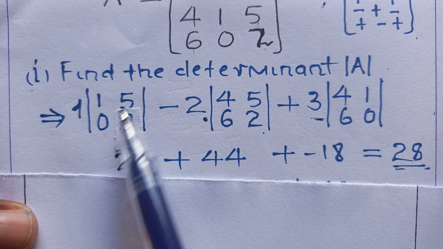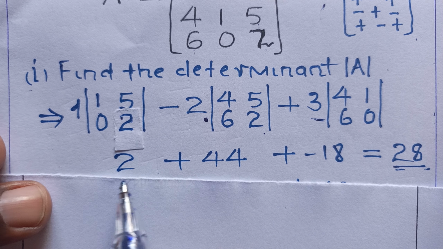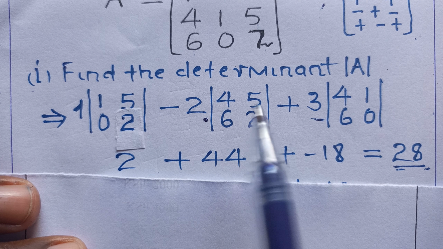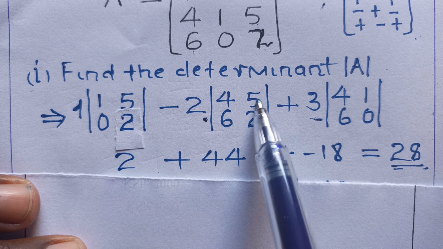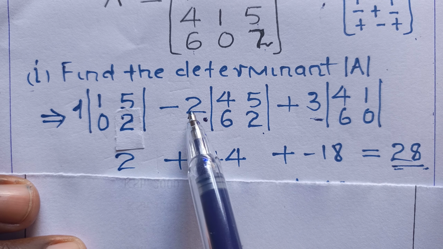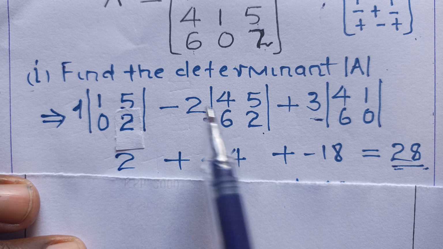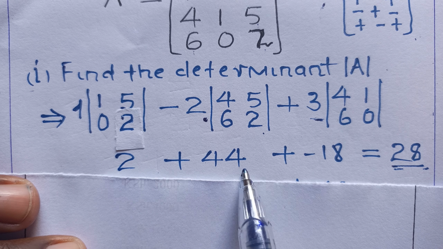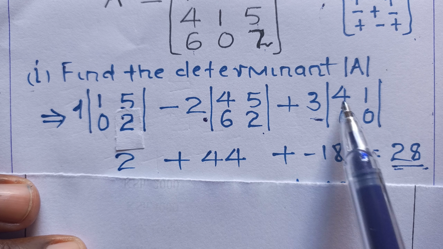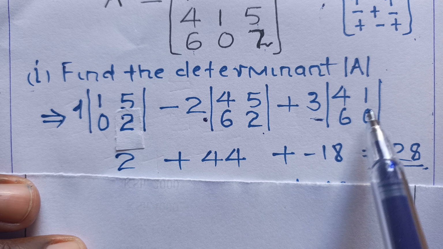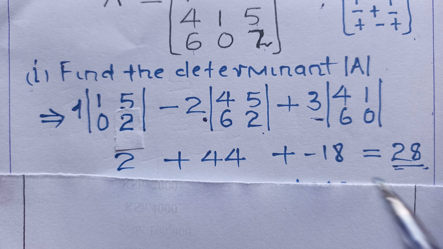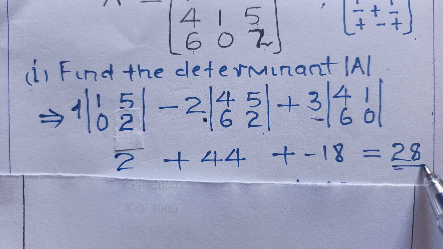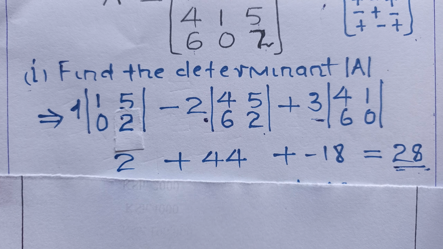That is 2 minus 0. Then we multiply by 1, that comes to 2. This is 4 times 2 is 8, 8 minus 30 is negative 22, times negative 2 becomes 44. And for this one is 0 minus 6 comes to negative 6, times 3, it comes to that. So finally, guys, we get 28 as our determinant.